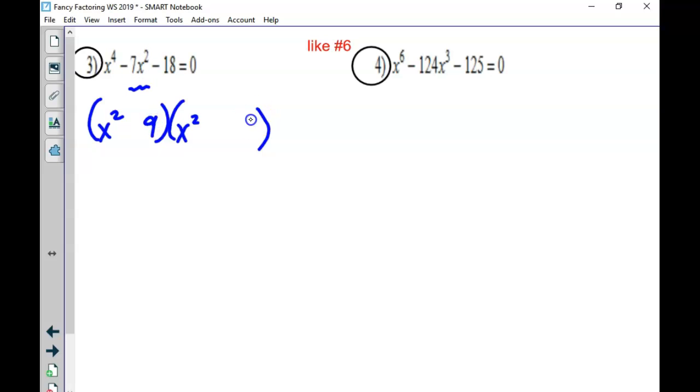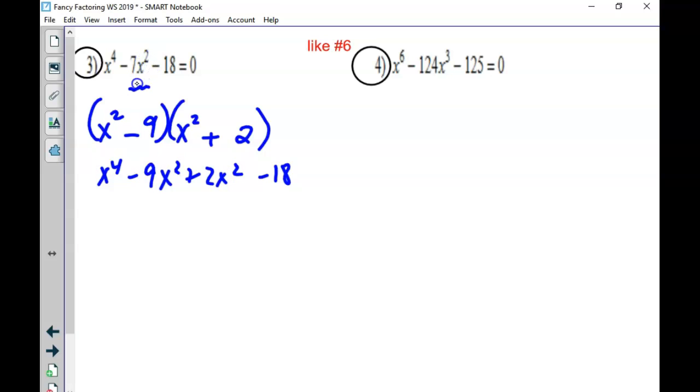Now, what factors of 18 would give us a 7? Okay, so we try a 9 and a 2. Now, it's a -7 and a -18, so I'm thinking -9 and +2. How's that looking? All right. If we FOIL that back together, we would get this.